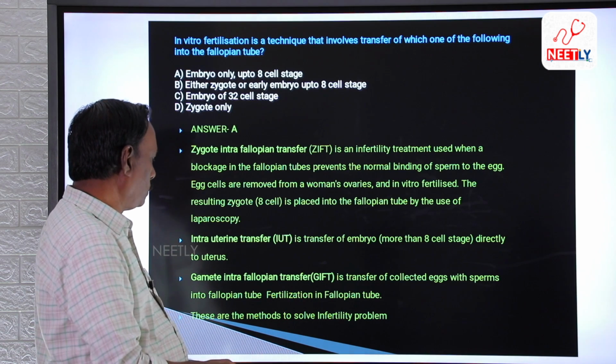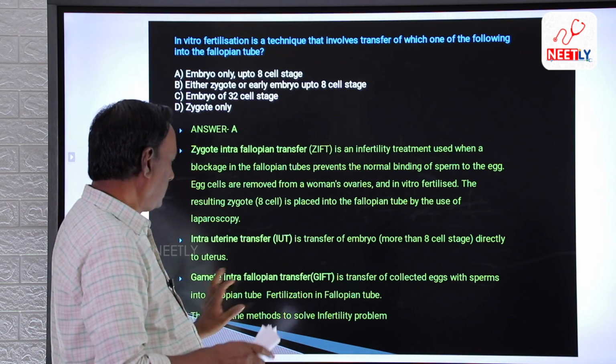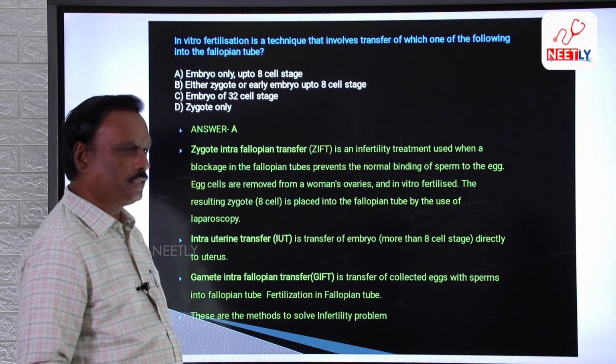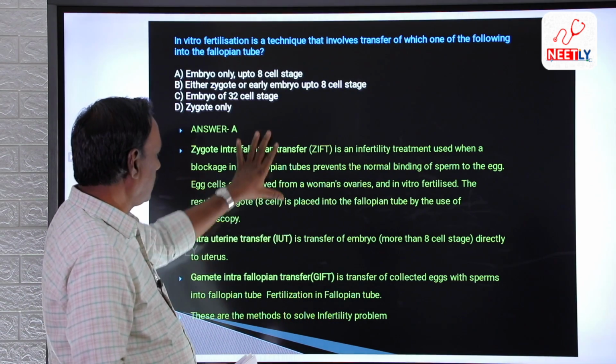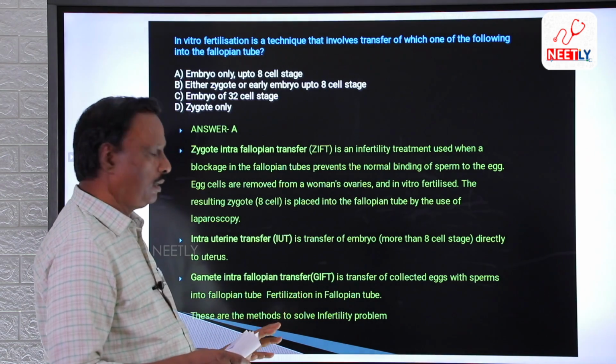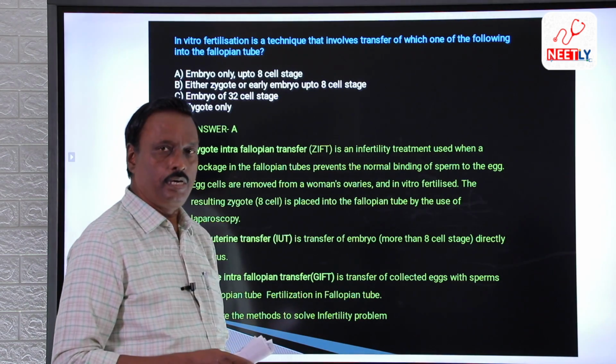Inside the fallopian tube, the fertilization takes place, and then the further development takes place in the uterus. So these are the three major methods available to solve the infertility problem.